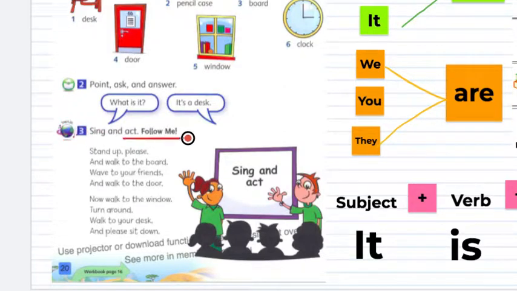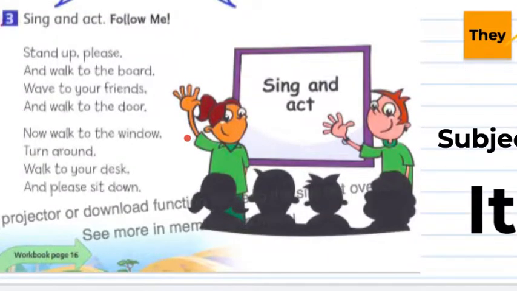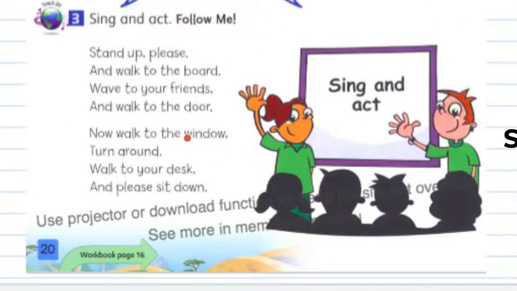Sing and act. Follow me. Stand up, please, then walk to the board. Wave to your friends and walk to the door. Now walk to the window. Turn around, walk to your desk, and please sit down.